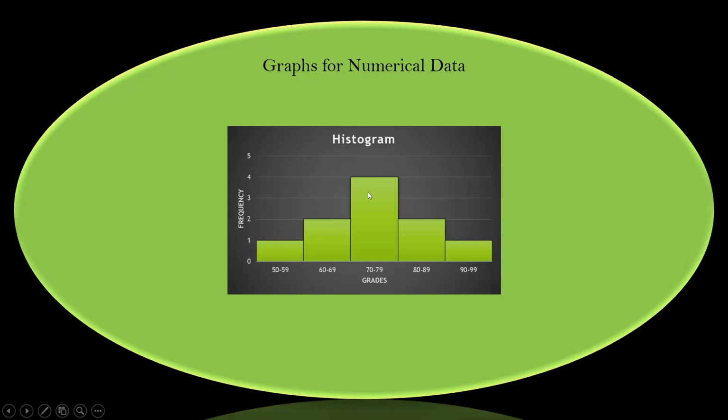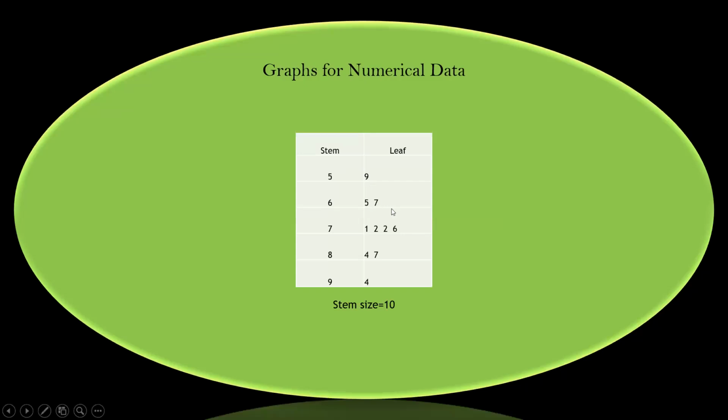simply by looking at the histogram. But if we flip the histogram on its side, you'll see it looks a lot like this shape. But in this case, I have a stem, and the stem size is 10. So this lets me know this is 50, 60, 70, 80, and 90. And I have a 59. I have a 65 and a 67.